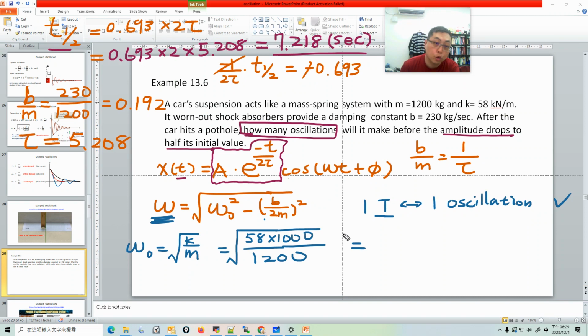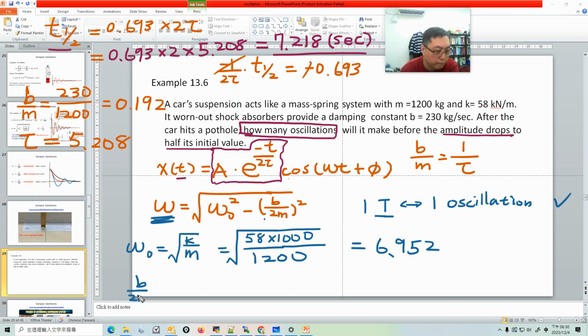So what's the natural angular frequency? 58,000 divided by 1200, and square root. It's about 6.952.